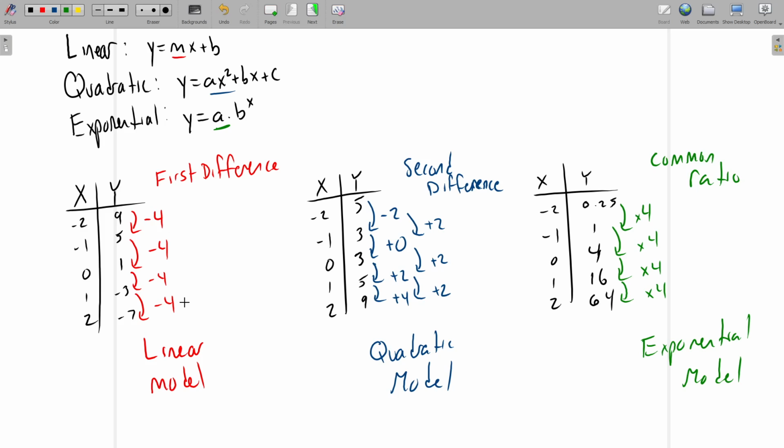If there is not a first difference, check and see if there is a second difference. And if there is not a second difference, look for a common ratio. If you can't find a common ratio, then whatever table of values you might have may not be represented by one of these three models, right? Because there are many other models available. We're just looking at three of them.